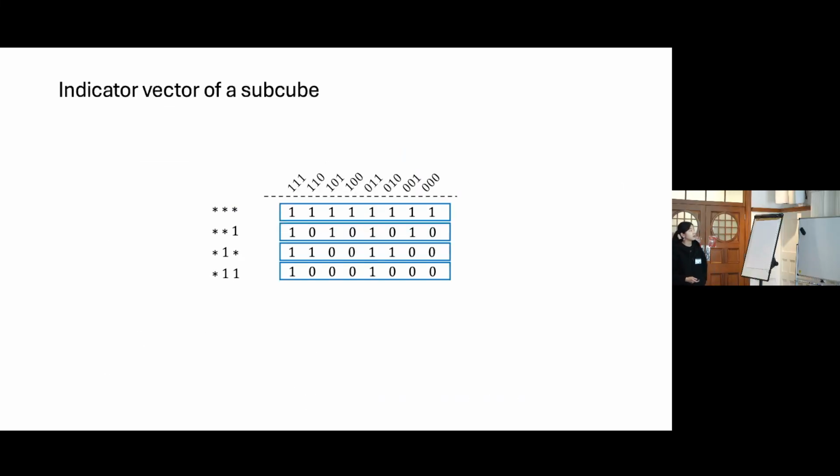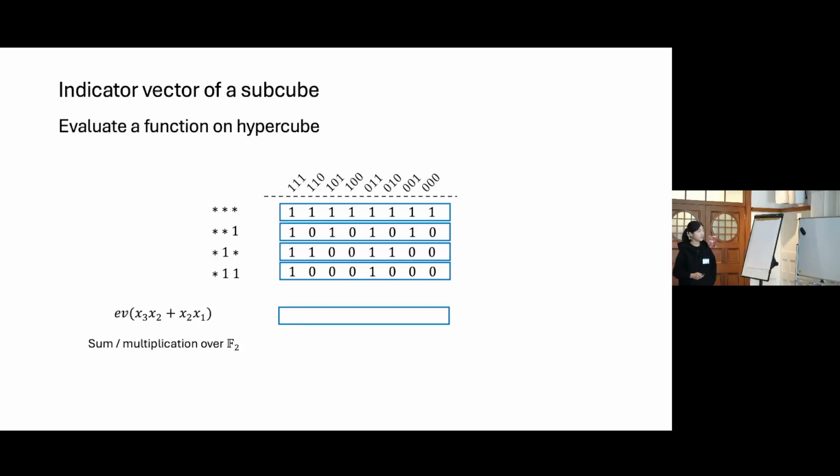Okay. So now I want to make the connection between an indicator vector and the evaluation of a function on the hypercube. Let me give an example. Here I wrote down a function like this. Here I'm going to replace x3 equals 1, x2 equals 1, x1 equals 1 into this, and then evaluate this function at this point.